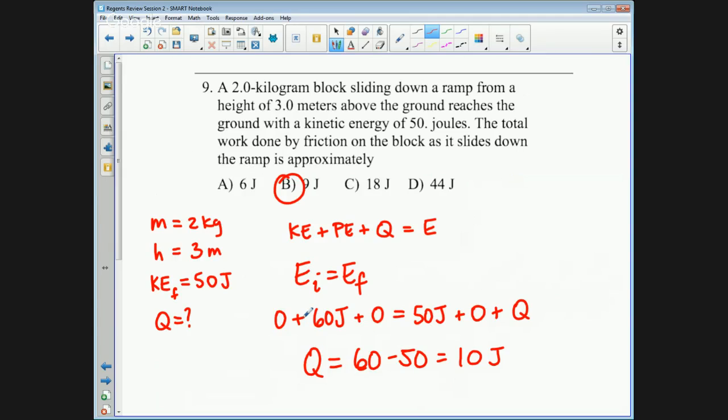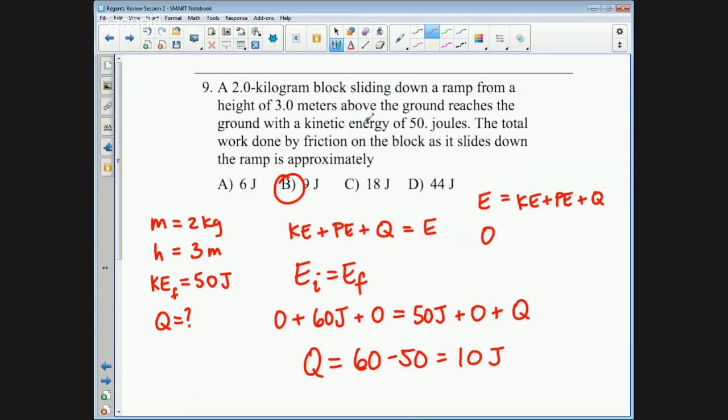Another way to do this is if you use this formula, E equals KE plus PE plus Q. Why will the initial kinetic energy be 0?